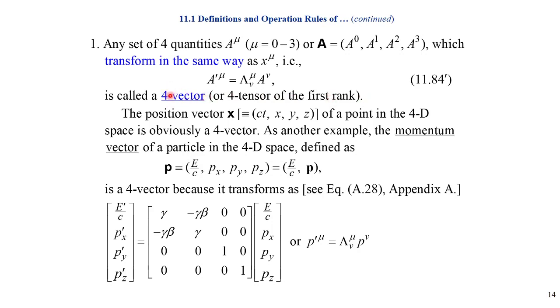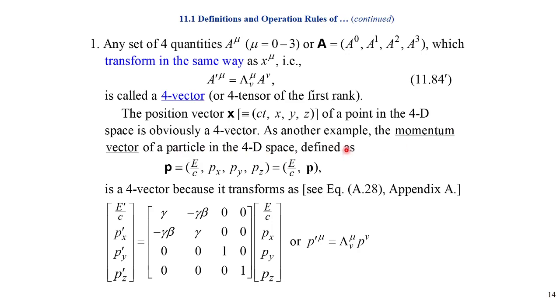That's a four-vector. So any set of four quantities that transform in the same way as this one is a four-vector. The position vector of a point in four-dimensional space is obviously a four-vector. We just showed you. Another example is the momentum vector of a particle.